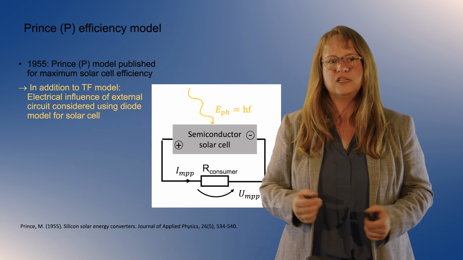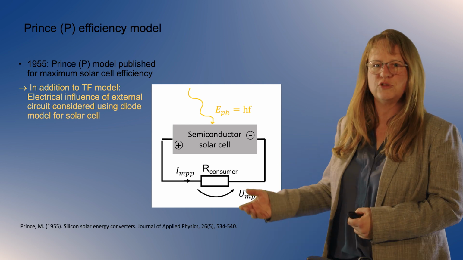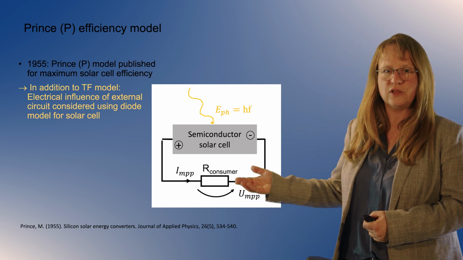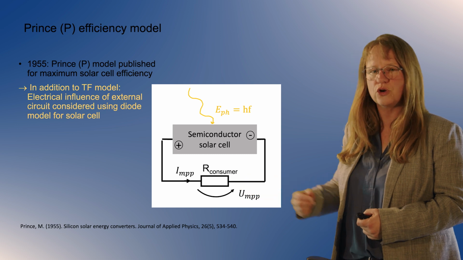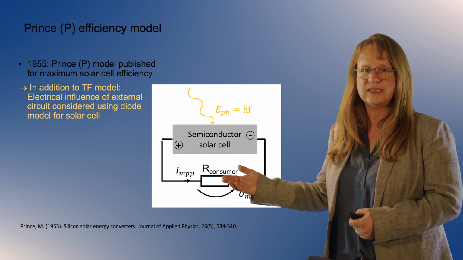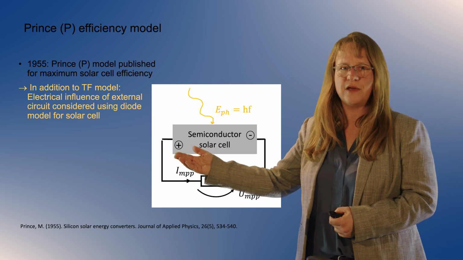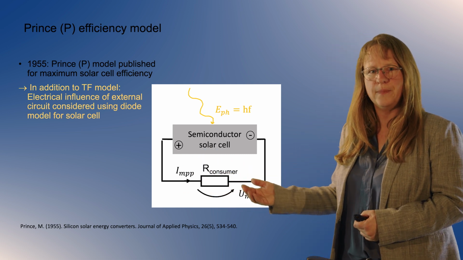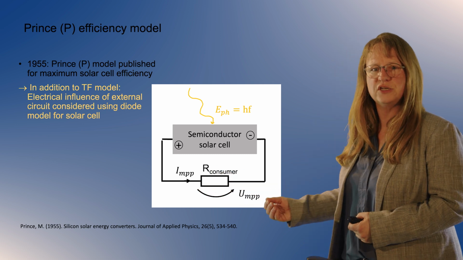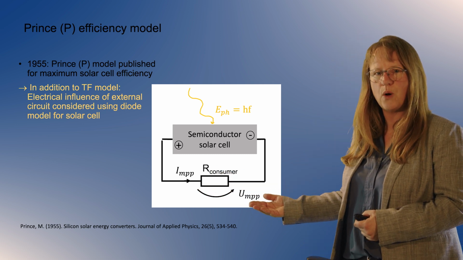But in reality, we always do have a load, and I'm showing you here again the schematic with the load on the solar cell. The load is just this resistor called R consumer. If we have a load on the solar cell, then we have a certain current at the maximum power point and a certain voltage at the maximum power point.